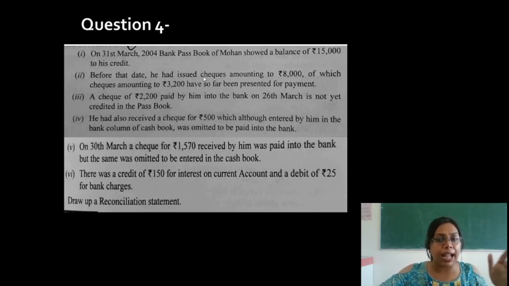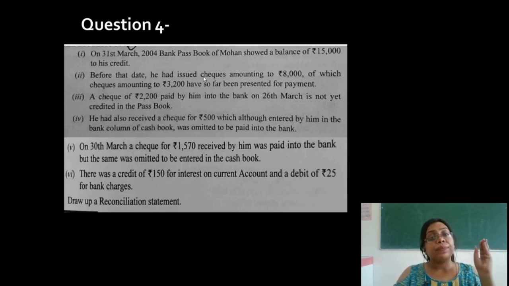But what would I have done? I would have, in the case of a cash book, while preparing a BRS starting from the cash book, added this amount of rupees 8,000 in my bank column, and also increased this 8,000 in my BRS.